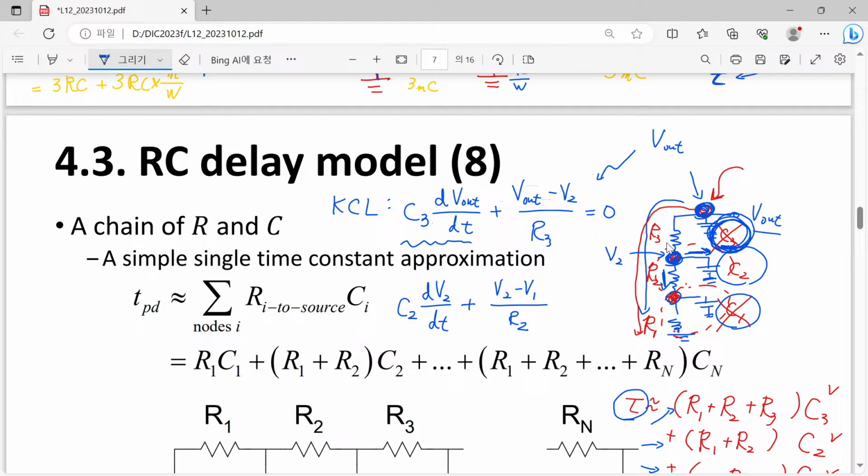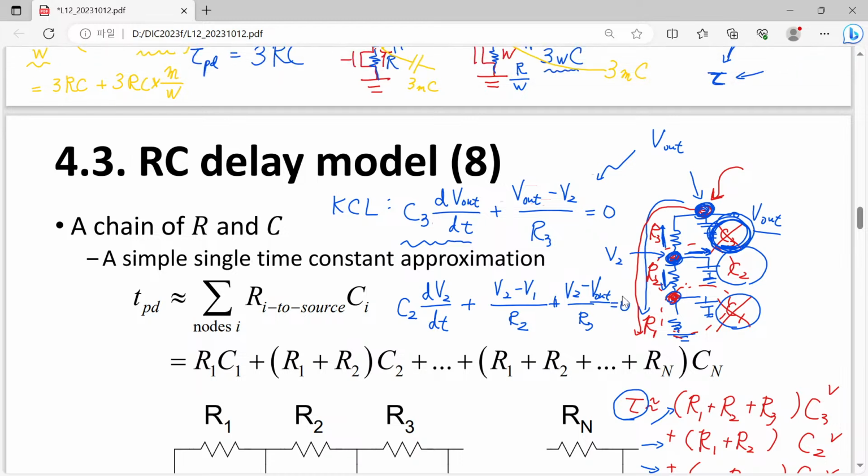Of course, we must consider another branch current flowing the other way, V2 minus V out divided by R3. Their sum should be 0. This is another KCL for our V2 node.